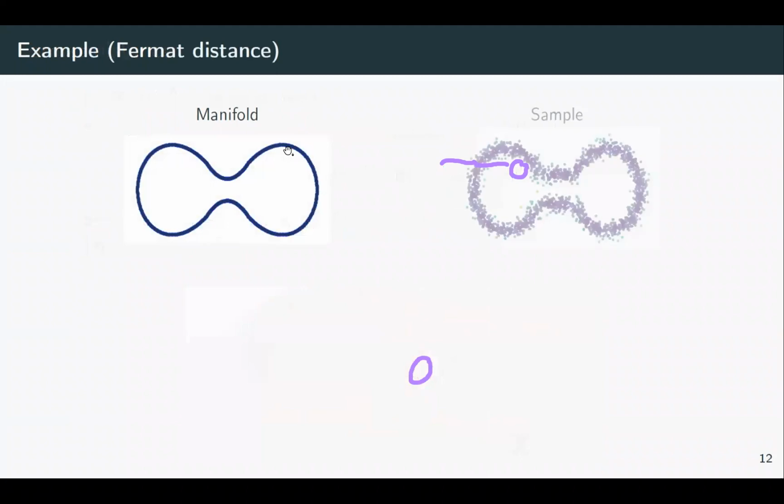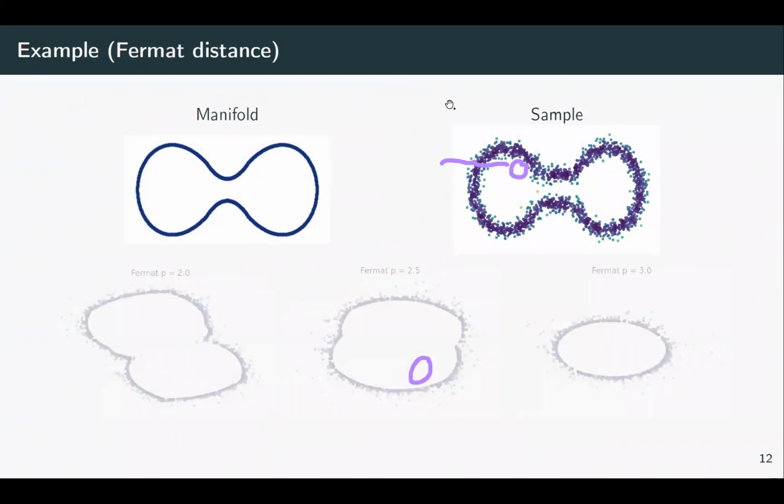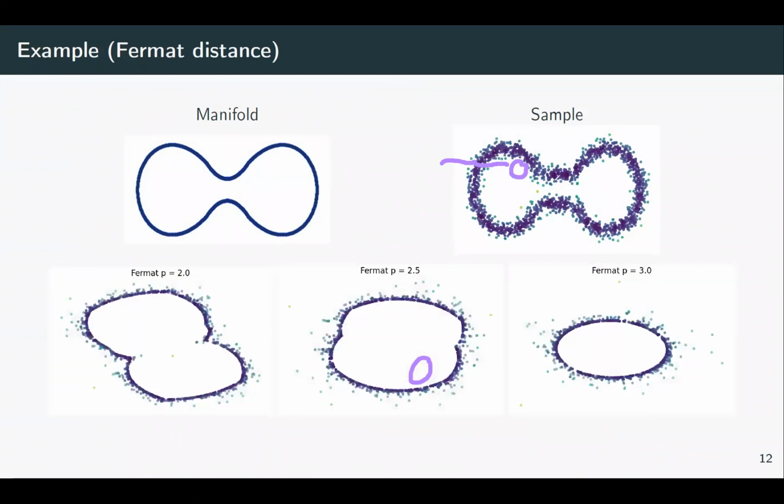If you compute the distance between this point and this point, since you're using a segment that will have exponent 2 or 2.5 or 3, then these 2 points will be at this distance, for instance. So in some sense, you are deforming this area that is empty in the middle, and you are obtaining this cycle.